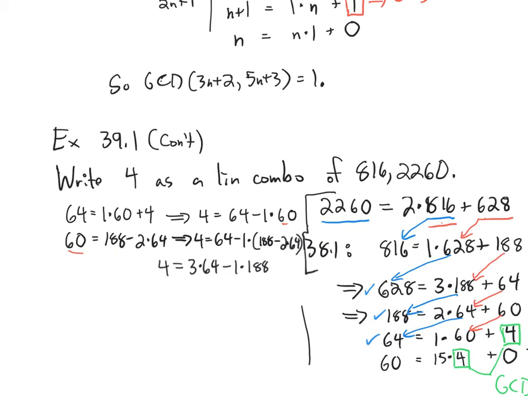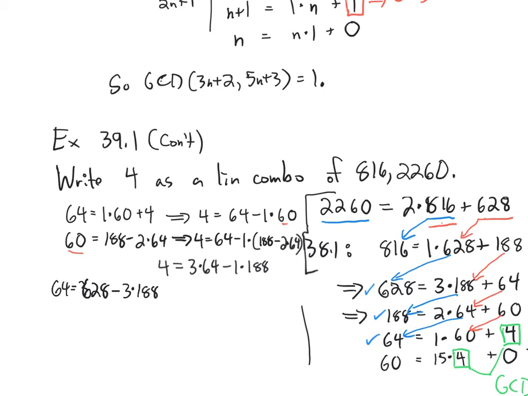So we know that 64 is 628 minus 3 times 188, sorry, 188.